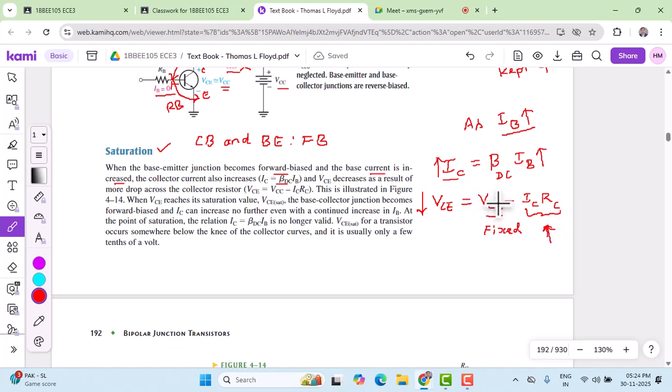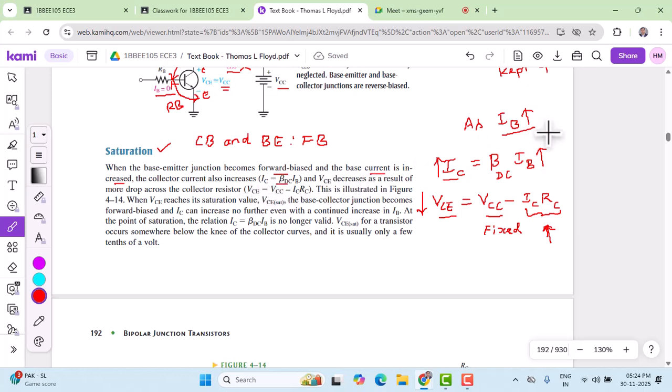But the supply voltage VCC is fixed. Therefore, fixed minus an increase in the drop results in a drop in the collector emitter voltage. So the collector emitter voltage decreases.